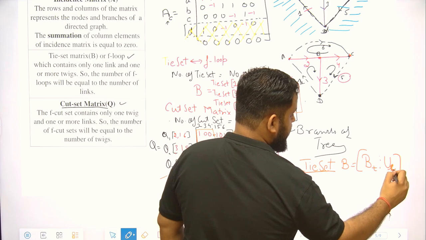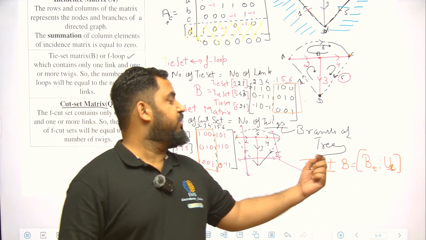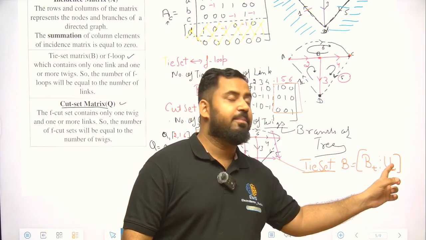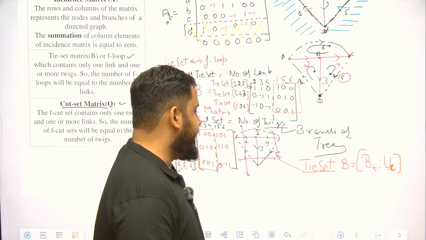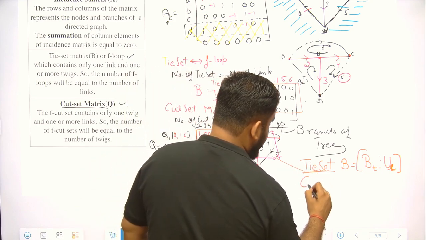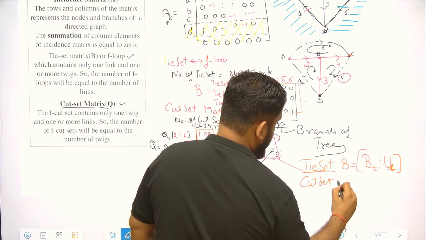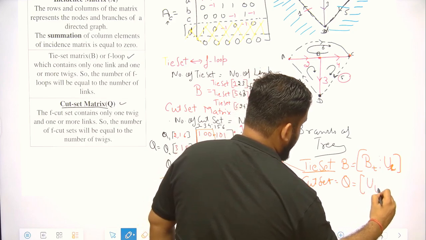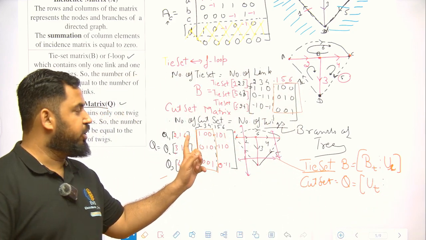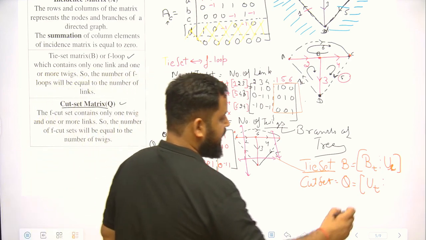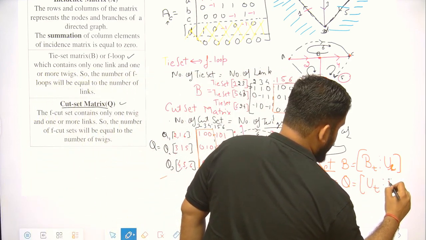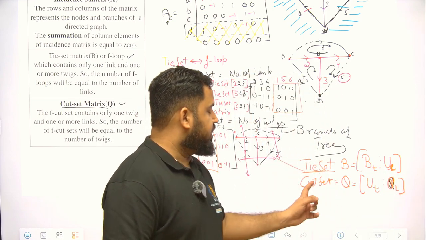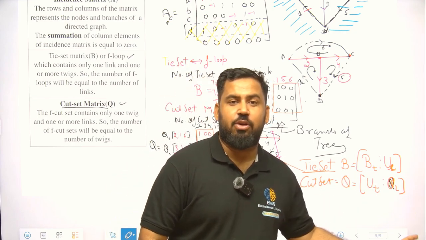So remember this: my tie-set matrix will have a matrix BT and an identity matrix UL of all the links. Similarly, my cut set matrix Q is nothing but UT, the unit matrix of twigs, with QL, the cut set matrix of links.